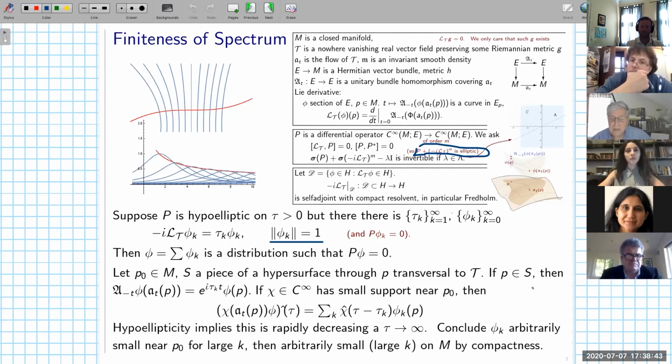The counting function for the eigenvalues in that case becomes the sum of the dimensions of the spaces.